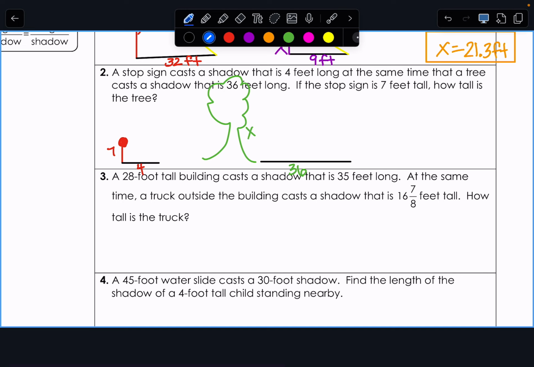So at the very least, you have these blue triangles right here. If you have the other picture, cool. If you don't, cool. At the very least, you need those blue triangles. Okay? So, Landon, give me one ratio that we can set up for our proportion.